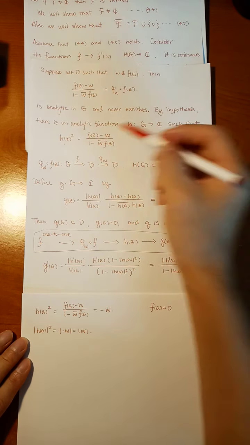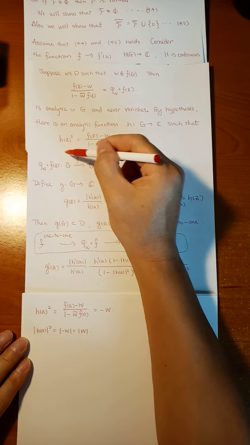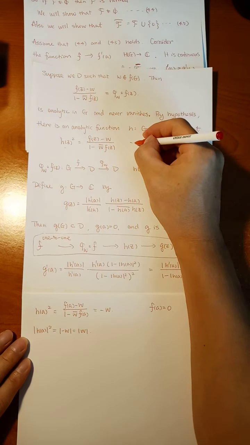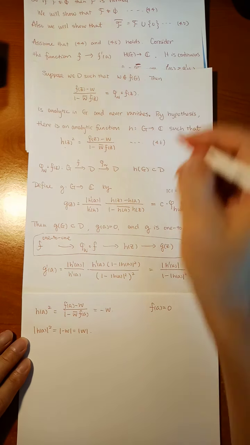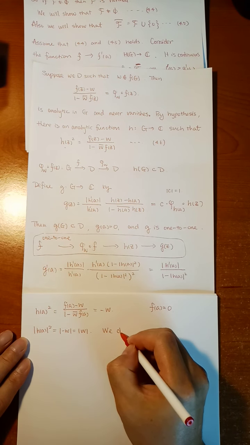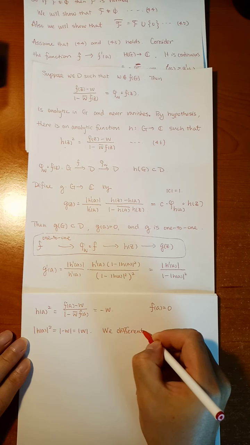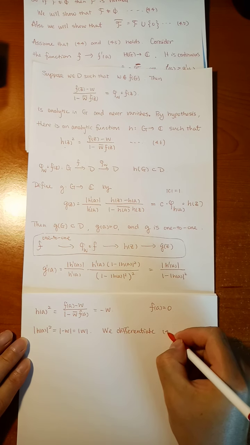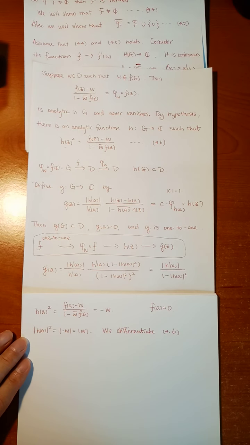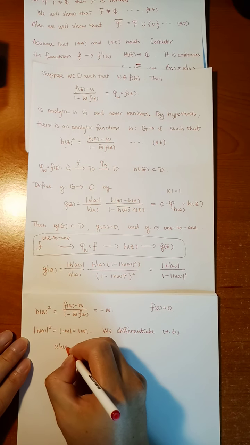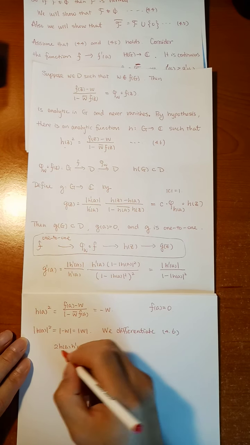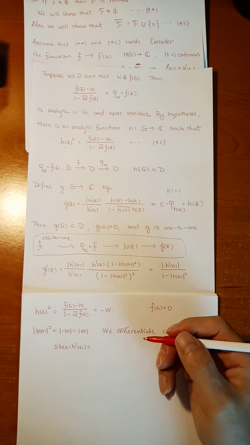H prime of A, we're going to use this formula. We differentiate. In the book it is called 4.6. Then the left hand side is just 2H of A times H prime of A. The right hand side, you do that computation, it is equal to F prime of A times 1 minus W squared.